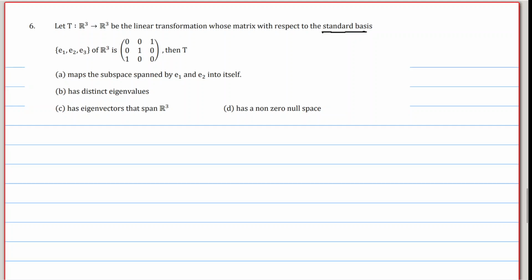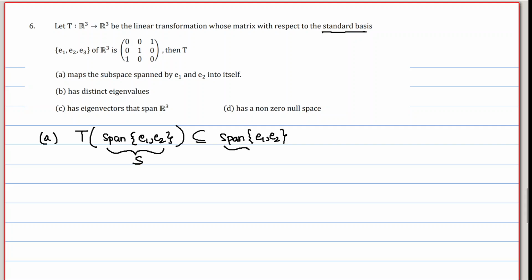In mathematical notation, option A says that T maps the span of E1 and E2, call it S, into S. This is the claim of the option.